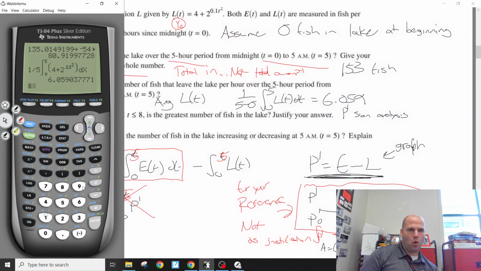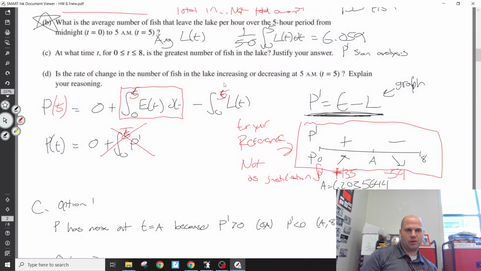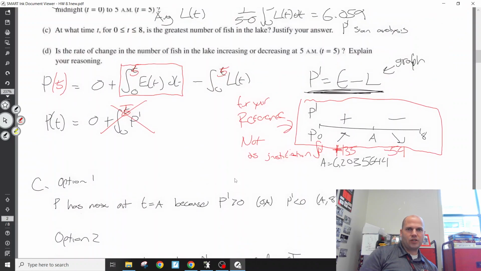You could have done 1/5, math 9, 0 to 5 of y2 and not have to retype things in, which is fun, but yeah, it's up to you. This is a way to get the answers, maybe without having to type stuff into two different locations. Okay, so that was the average.